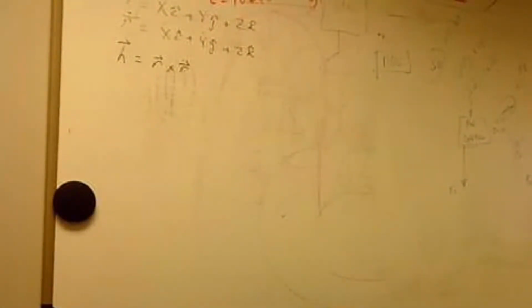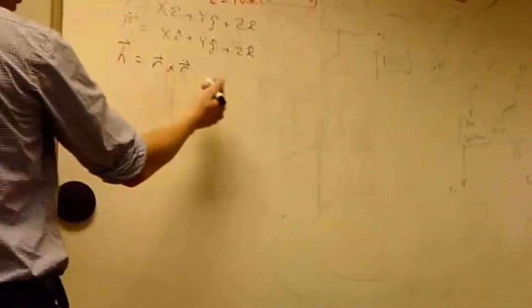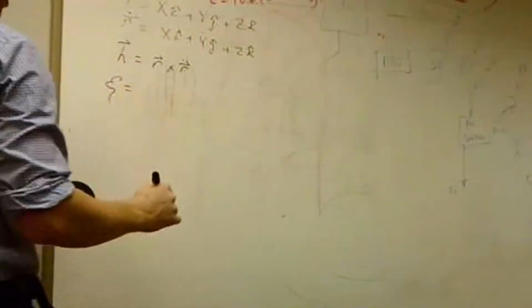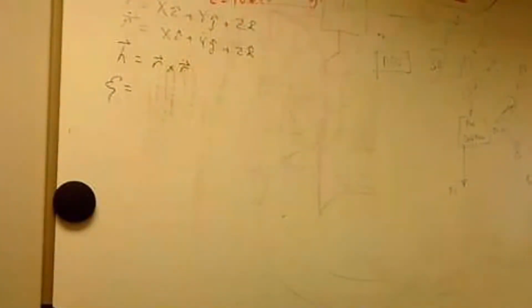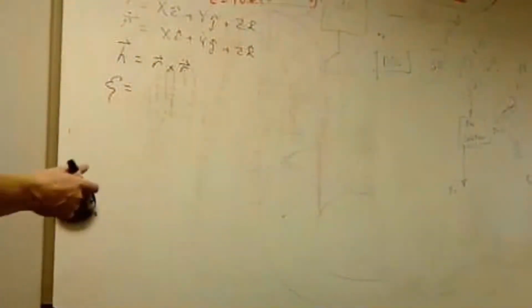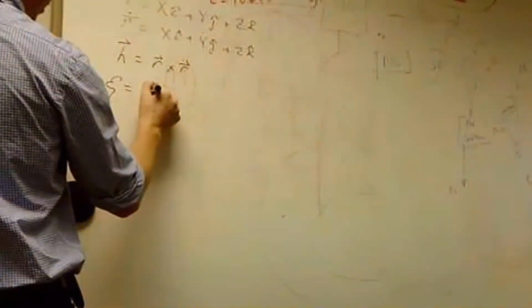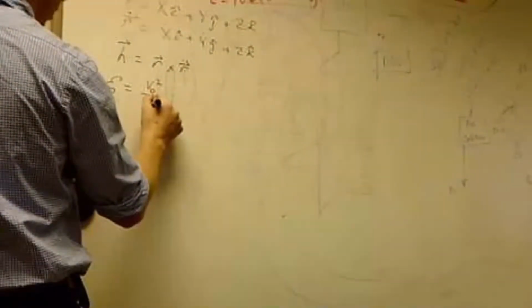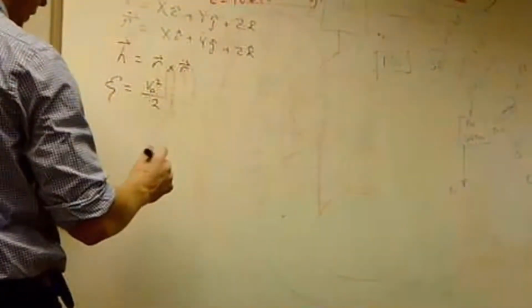Our next step, we can go back and find the energy per unit mass, right? So we can find our specific energy for this particular orbit. We have the magnitude of the velocity squared divided by 2, right?